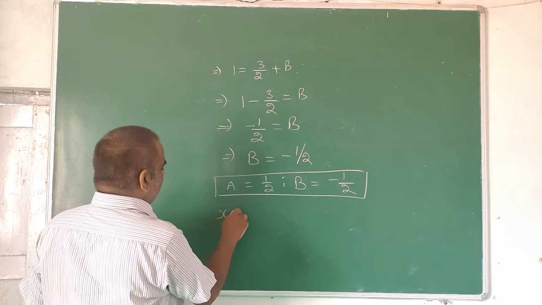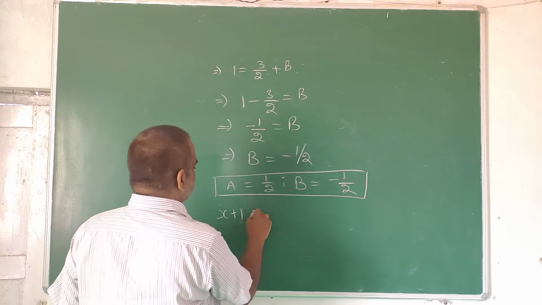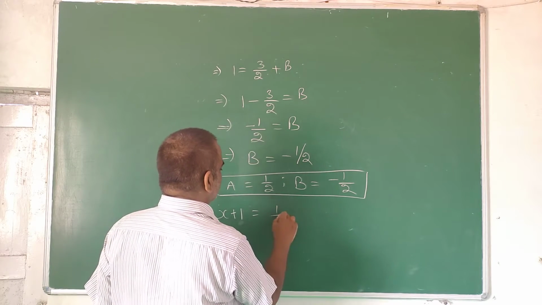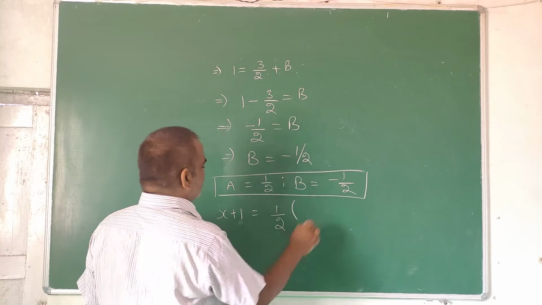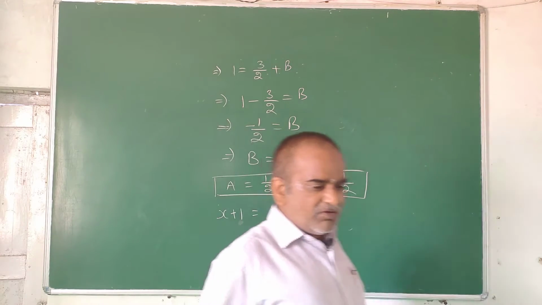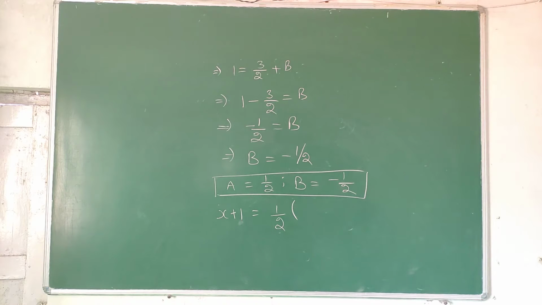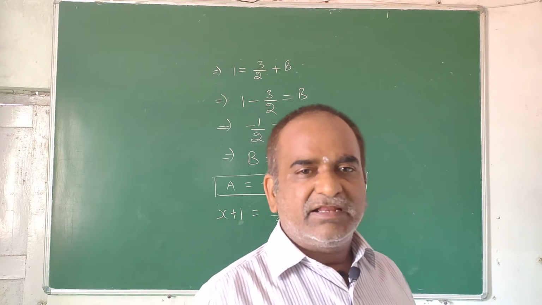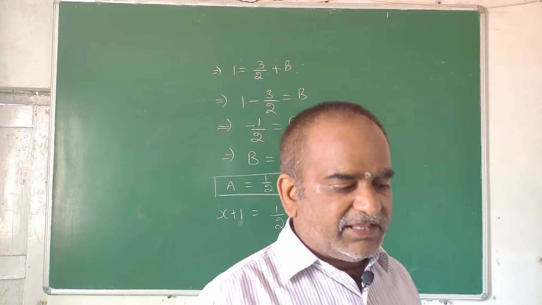So x plus 1 is equal to what we have considered, a, which is 1 by 2, into d by dx of x square plus 3x plus 12, which is 2x plus 3.